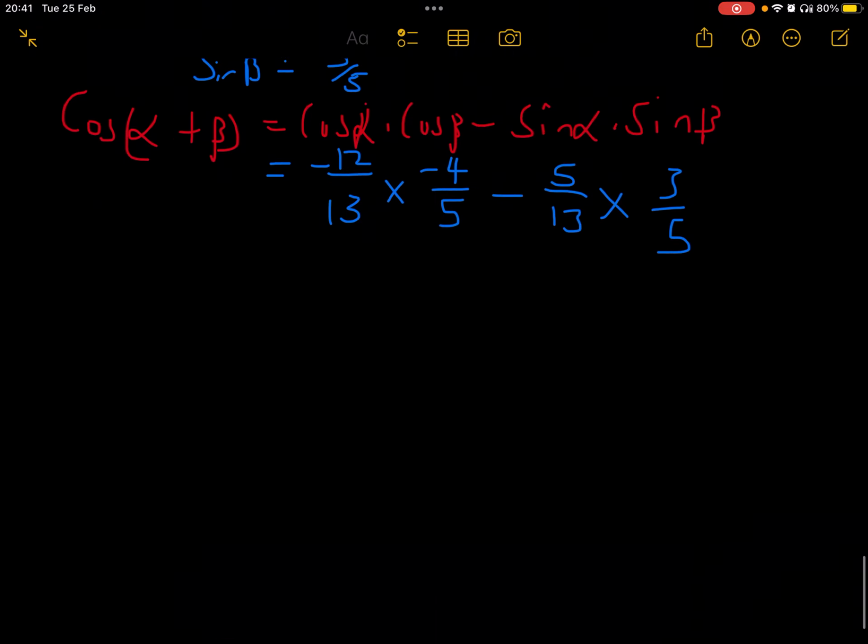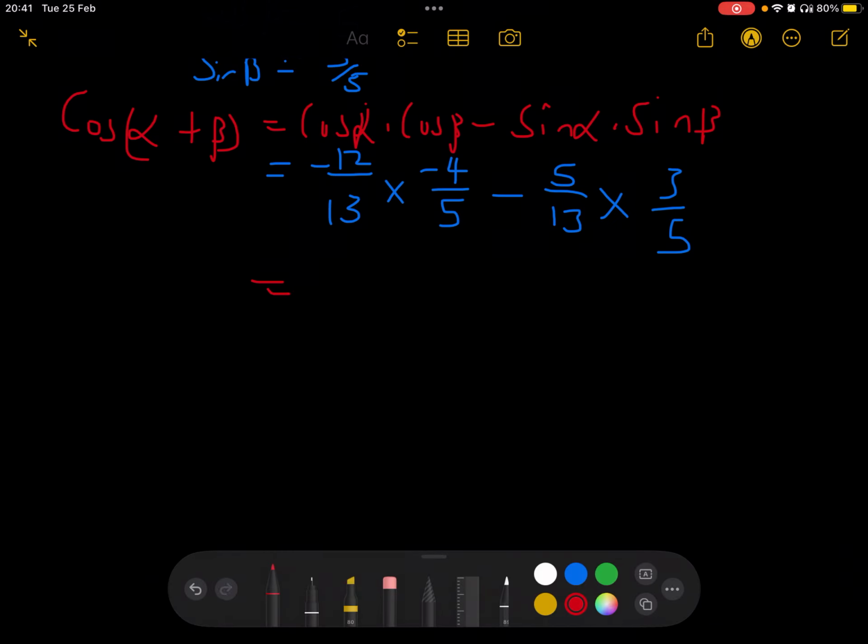If we're trying to do grade 5, 6, 7 mathematics, we take our lowest common denominator as 13 times 5. Now, 13 and 5 come in there once.